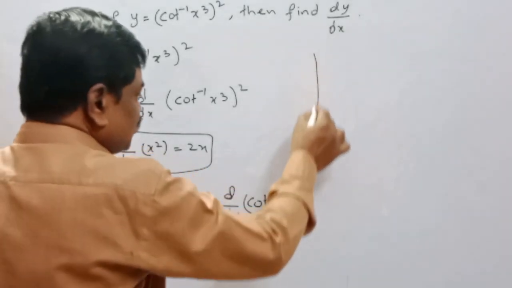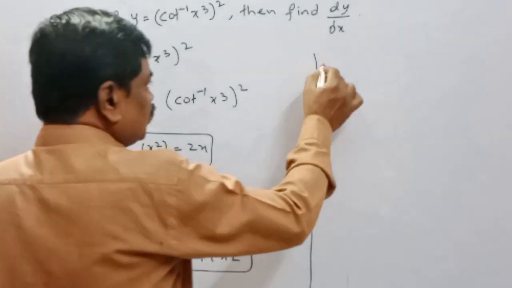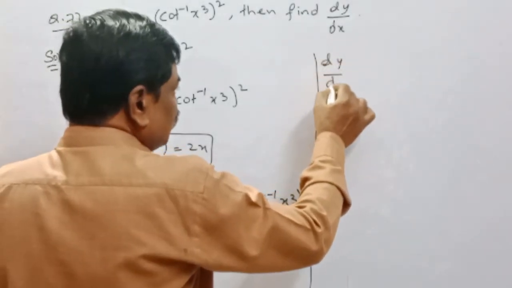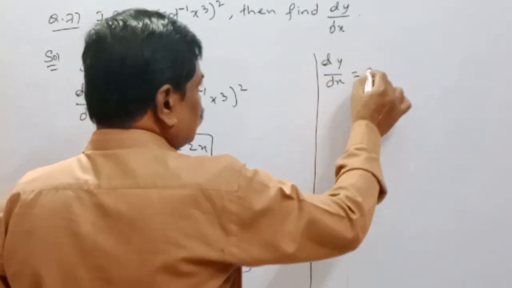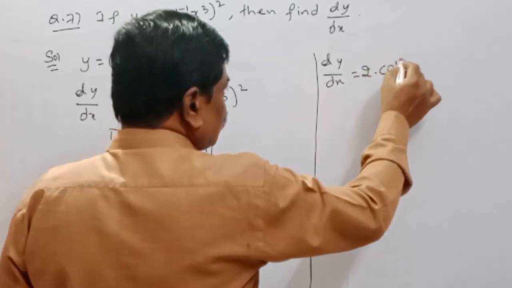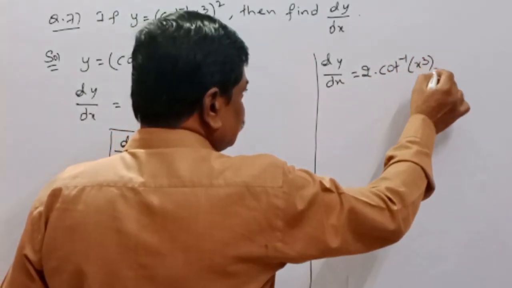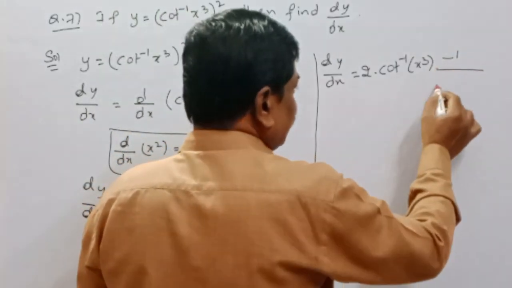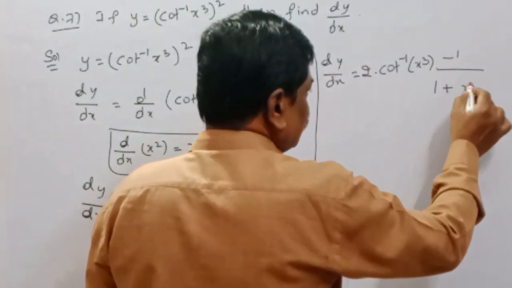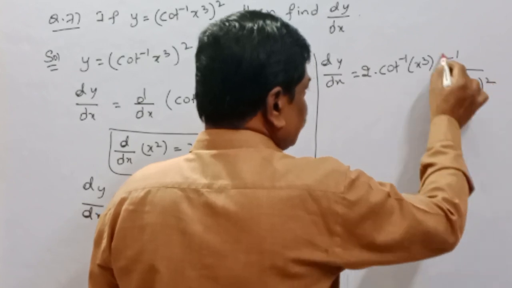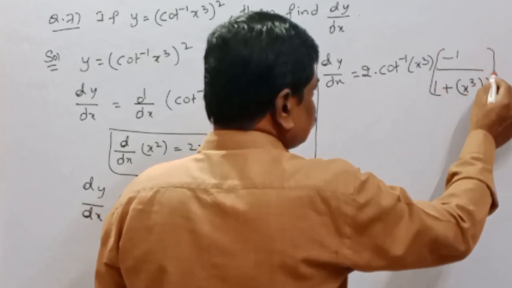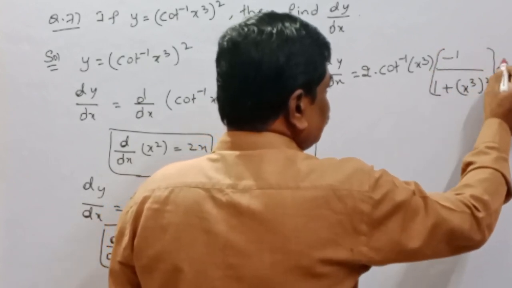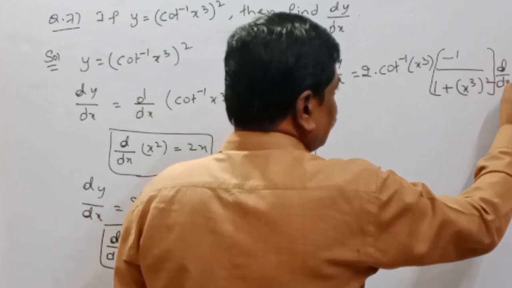Then what is the derivative of this one? dy by dx is equal to 2 into cot inverse x cube into minus 1 by 1 plus x cube whole square, into d by dx of x cube.